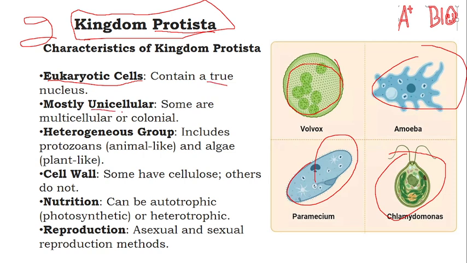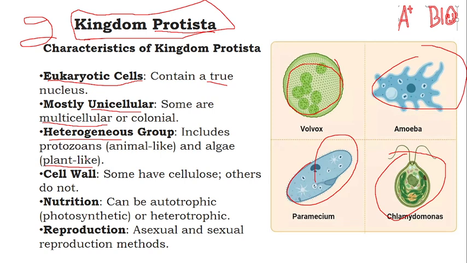Mostly they are unicellular, but some are multicellular. They are a heterogeneous group, including the protozoa and algae, which are autotrophs. Autotroph means they are plant-like, they carry out photosynthesis and make their own food. Or they can be heterotrophs, meaning they don't make their own food.